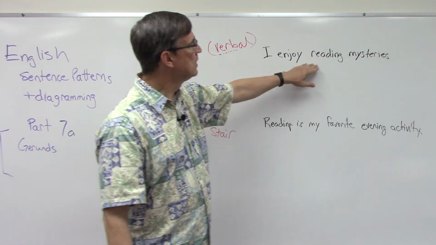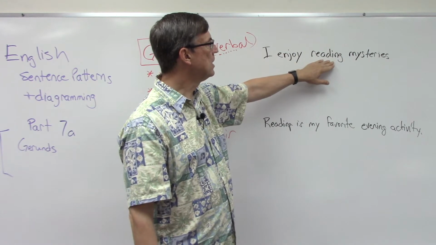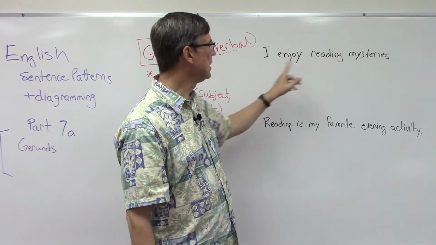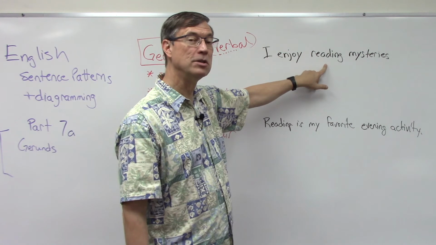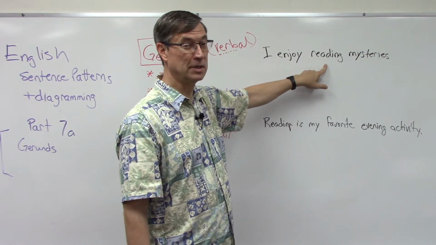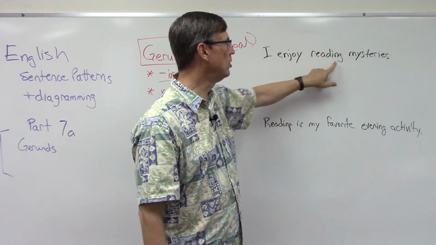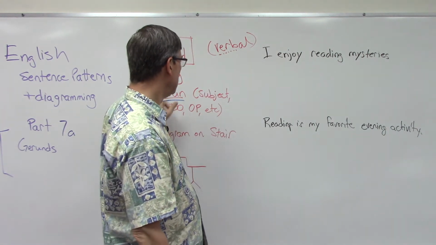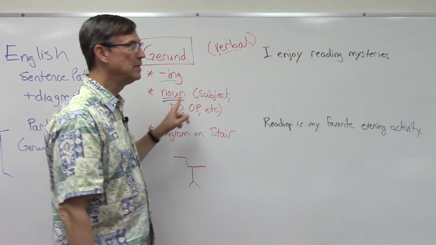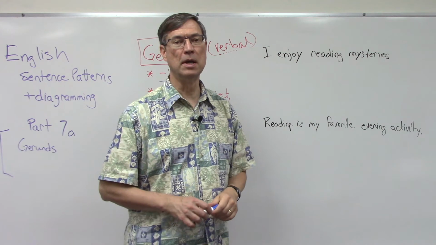But see, if it ends in ing, you're not saying I am reading a book. You're saying I enjoy, and it's acting as the direct object of the sentence. So even though it looks like a verb, it ends in ing, and it's being used as a noun, so we say it is a gerund, okay?